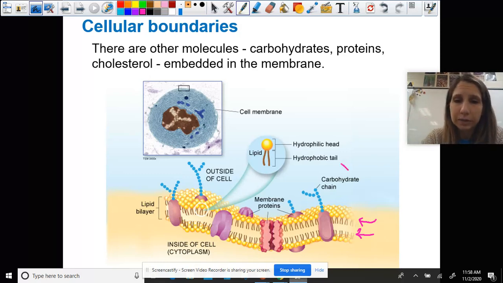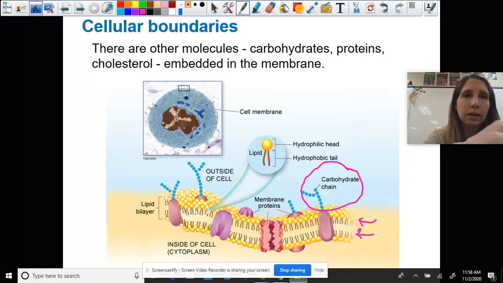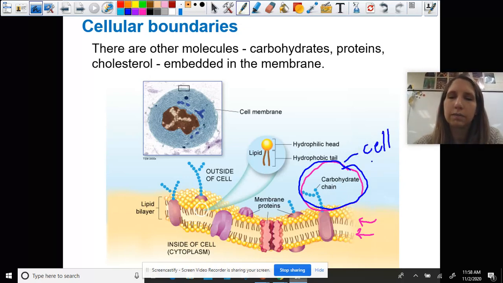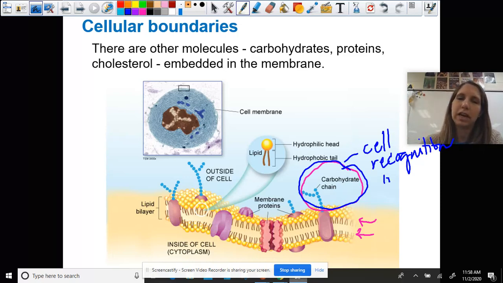So carbohydrates we can see right here, and I'll use a different color for this. These guys have a unique function in that they help with cell recognition. And what I mean by that is, if we say that a cell is equivalent to a human, this is like a name tag or an ID badge.